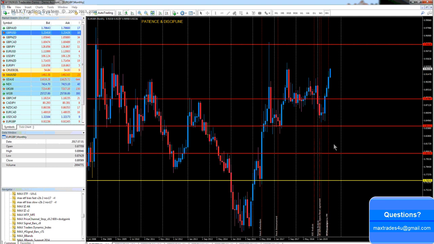And this corresponds, in this case, almost to the top the price made just after the publication of the referendum vote.